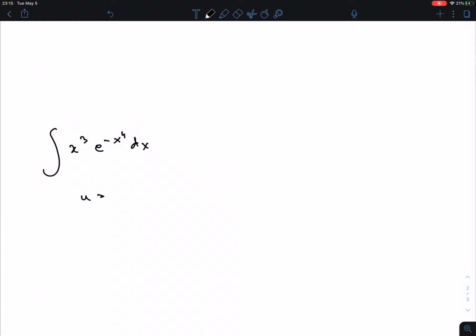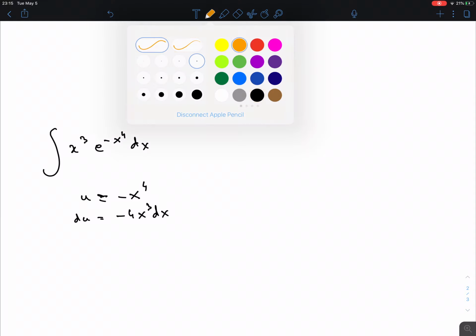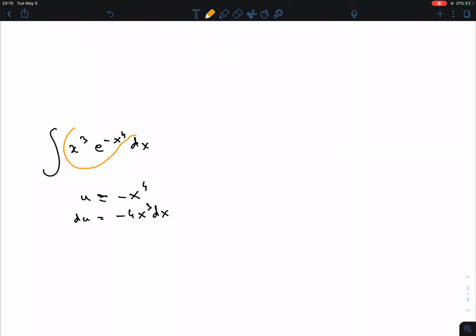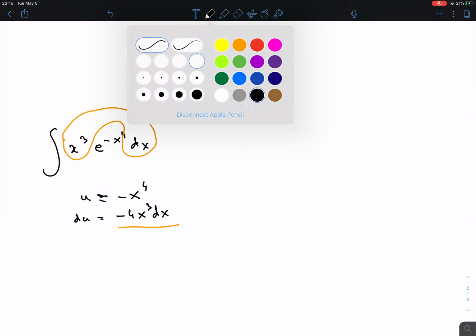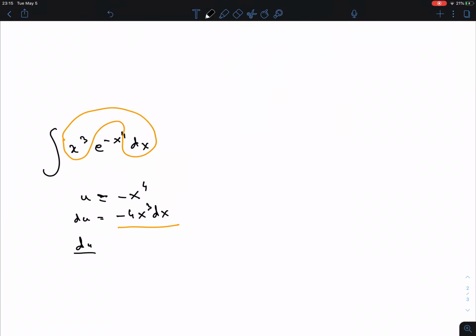The reason that I'm even thinking about this is because if I take this for u, then du is minus 4x cubed dx. And that is exactly what I've left here. These two together, up to the minus 4, so perhaps we can do it this way.